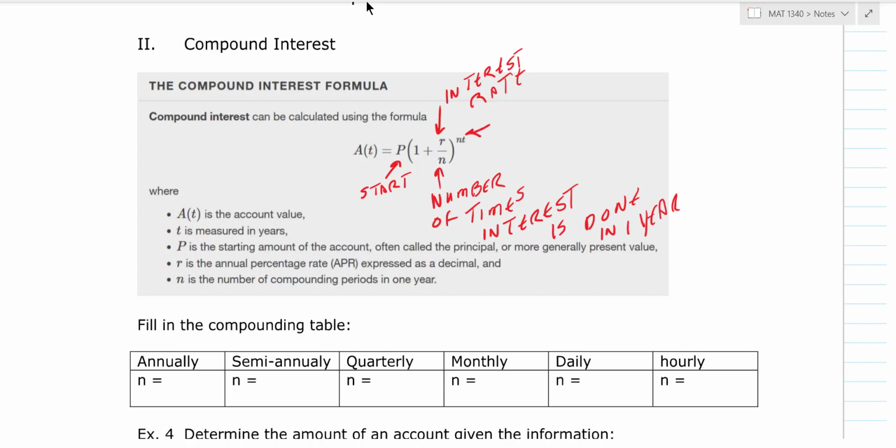T is the time in years. You don't have to write all that down unless you want to, because I've already written everything down. So when you work with compound interest, P is what you start with, R is an annual interest rate, N means you do interest a certain number of times in a year, T is the number of years, and A is the amount after interest is figured out. So that's what all of the numbers in here mean.